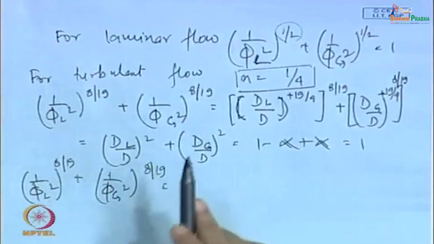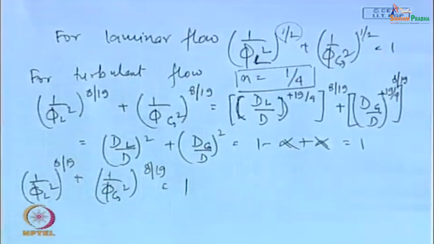Okay. So, anyhow, we find that in this particular way, starting from the basic derivation, which means the basic definition of phi L square, phi g square, the basic definition of the pressure gradient expression for the liquid occupied portion of the pipe, when that liquid occupies the entire cross section of the pipe, and for the gas occupied portion of the pipe, when that gas flows alone in the pipe, just from the basic definitions, we arrive at some sort of an analytical expression between phi L square and phi g square.